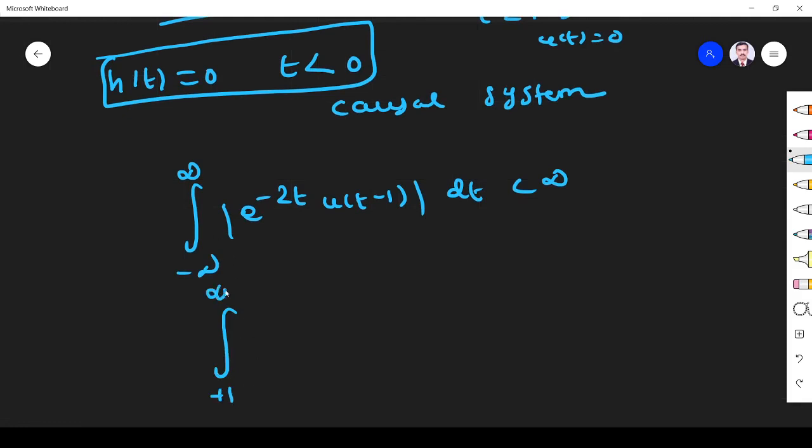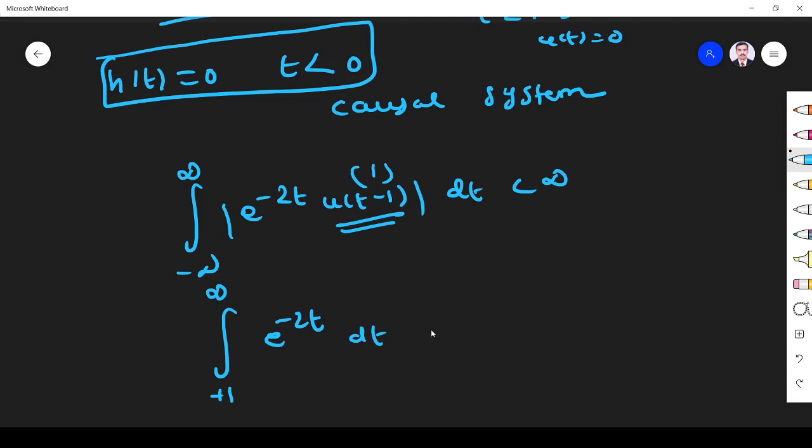When t is 1 to infinity, u will have a value of 1. For t less than 1, it will become 0, and anything multiplied by 0, the integration will be 0. So that's why we change the limit from 1 to infinity, e power minus 2t dt.